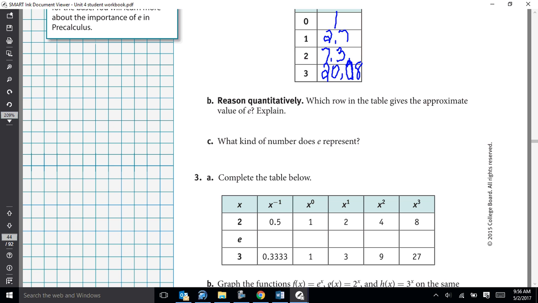So what kind of number does E represent? Can we convert that to a fraction if you push the fraction button? Does your calculator do anything? 27/10. Oh, we'll just do the E button.